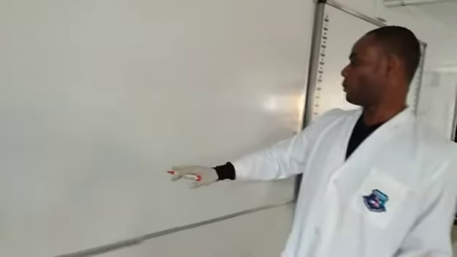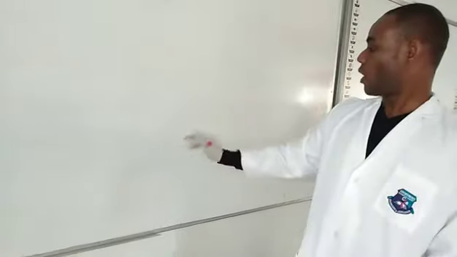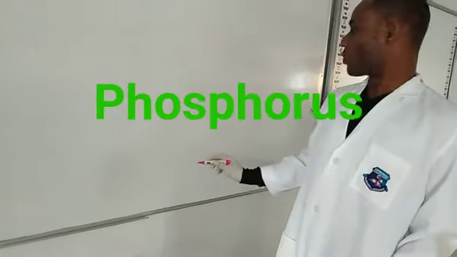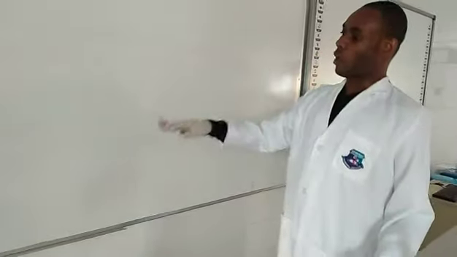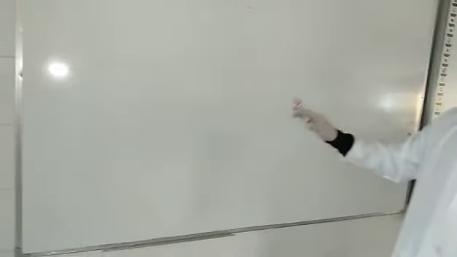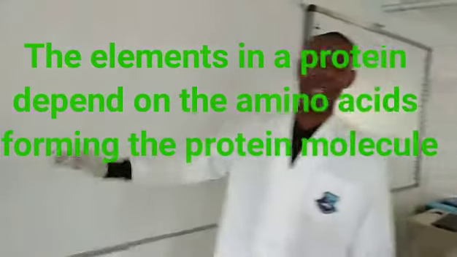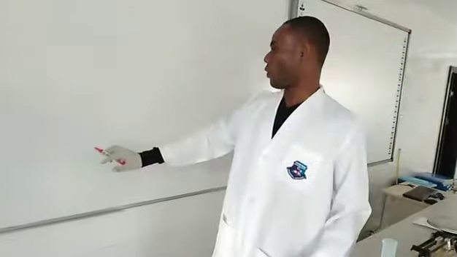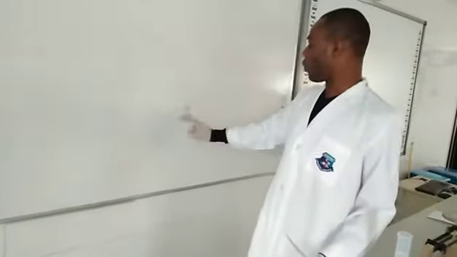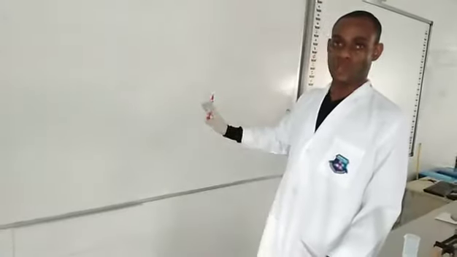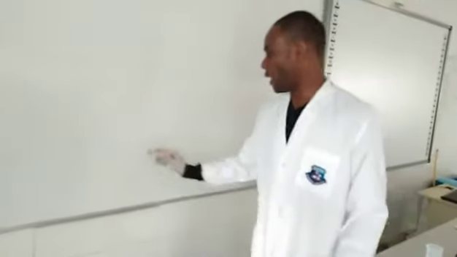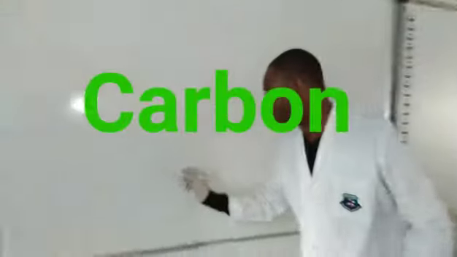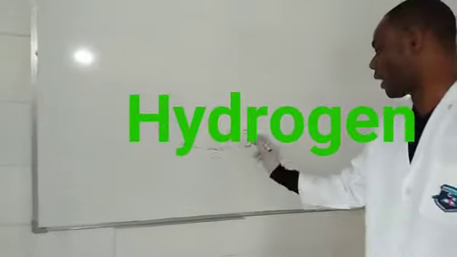But a protein may have more than these. For example, you could have sulfur, you could have phosphorus. Sulfur and phosphorus will come into the structure of a protein molecule depending on which amino acids are actually forming this molecule. In fats and oil we have carbon, hydrogen and oxygen.